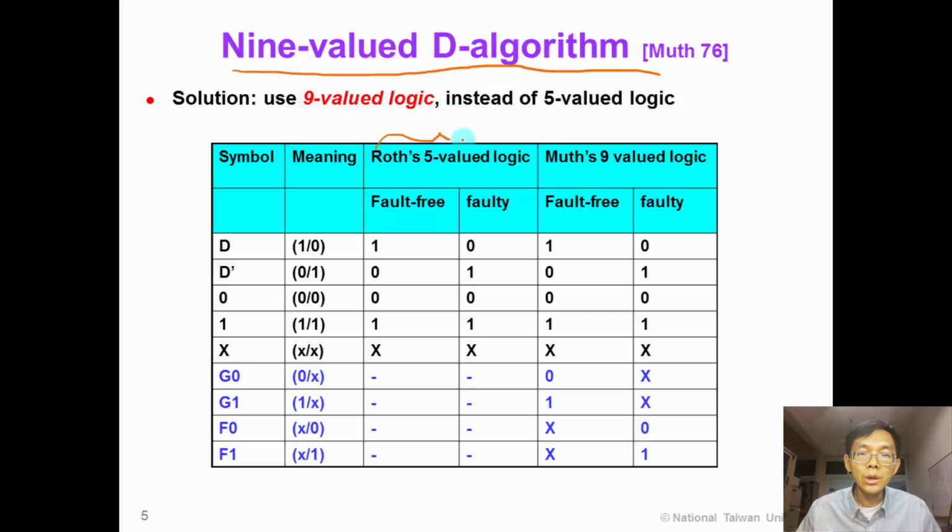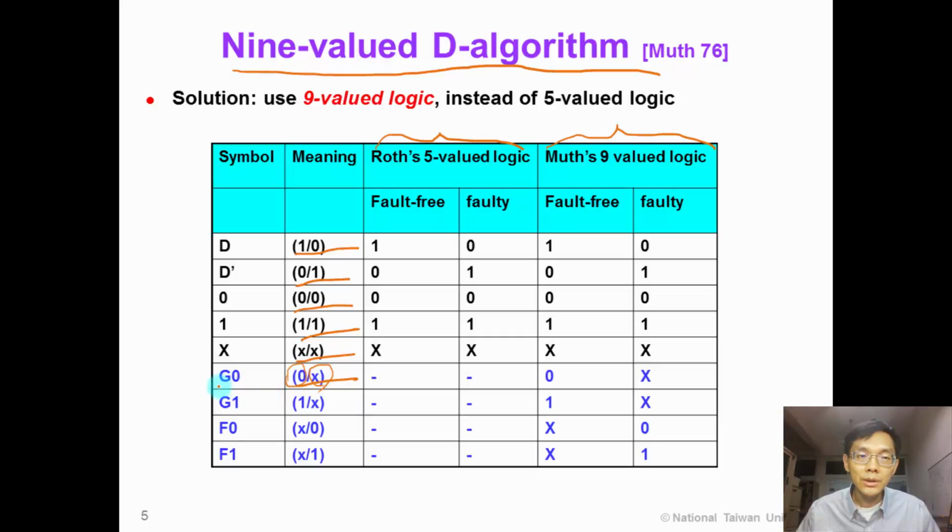In traditional 5-value logic, we can only express 10, 01, 00, 11, and XX. Now, in Muth's 9-value logic, we can express 0X, which means the good value is 0 and the faulty value is unknown.